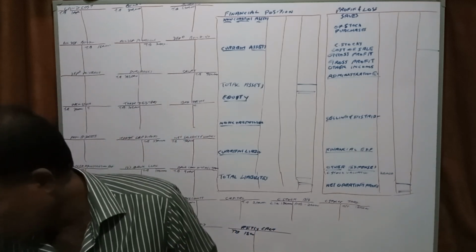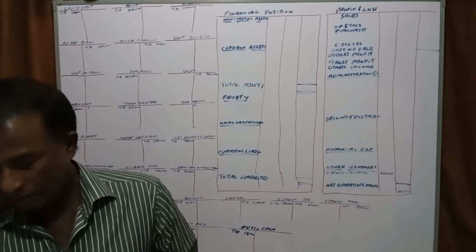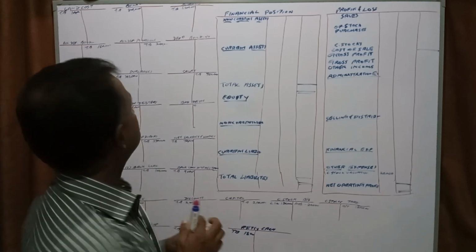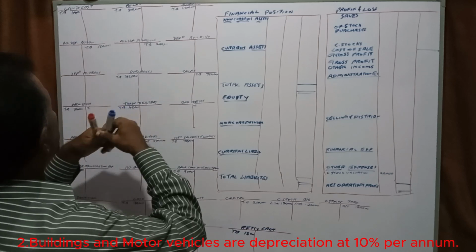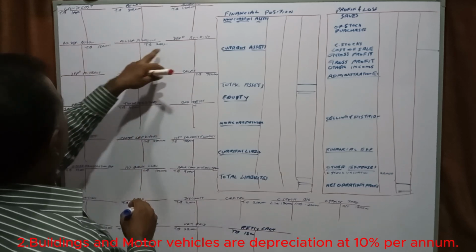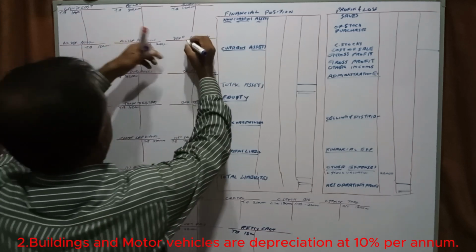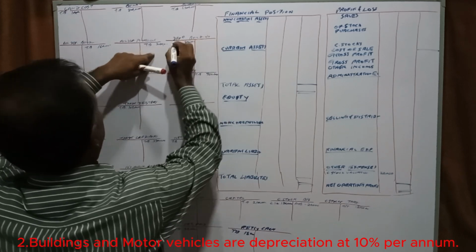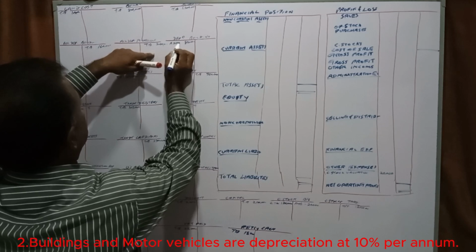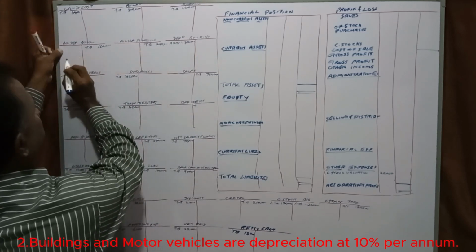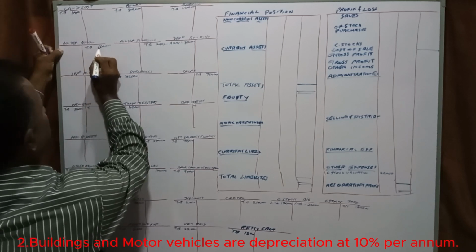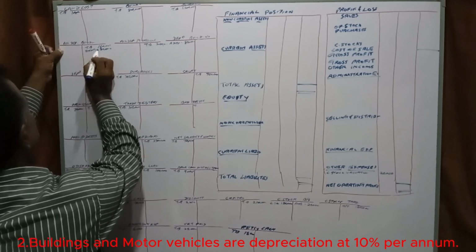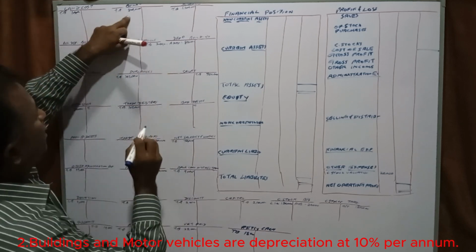Number two: buildings and motor vehicles are depreciated at 10%. Buildings cost 800,000, so the building depreciation is 80,000. The depreciation account is debited 80,000, and the accumulated depreciation of building is credited 80,000.